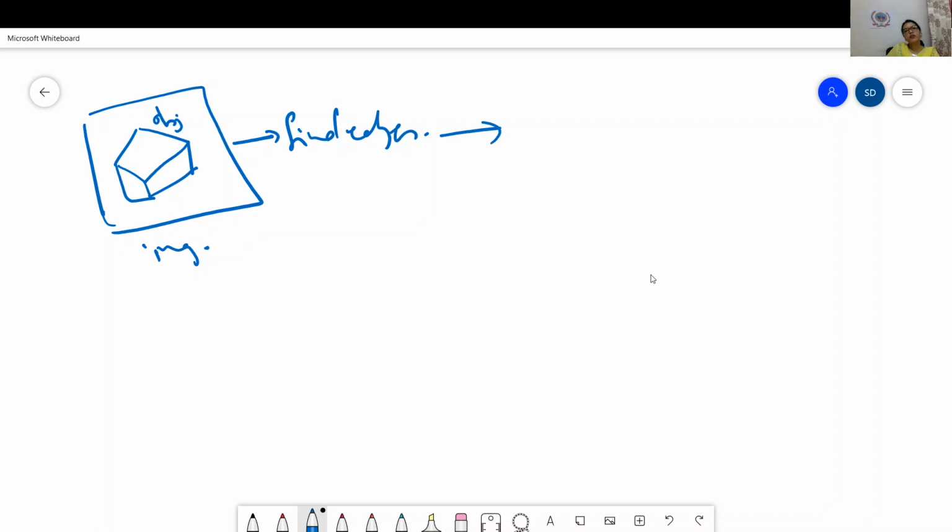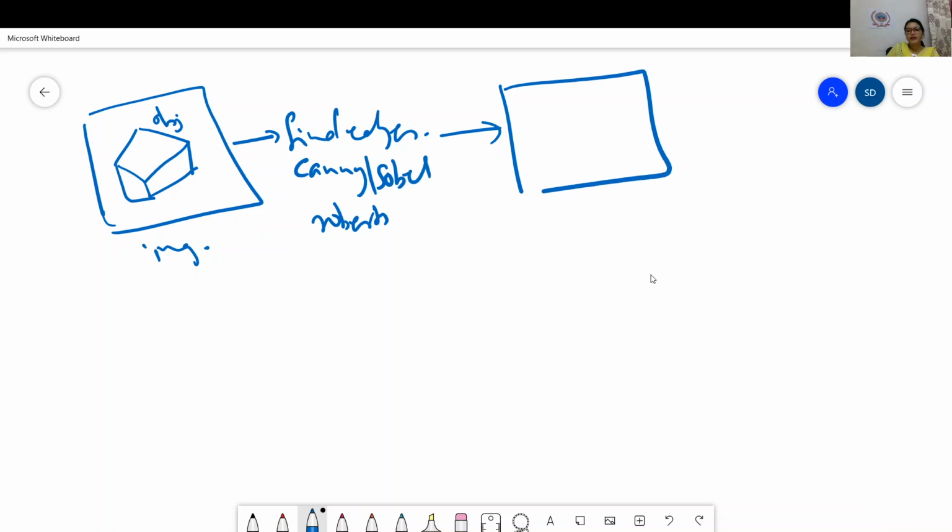Which kind of filters can you use for the edges? Edge detection filters like Canny, Sobel or Roberts cross filter. We have seen all these examples. And the output we will get is nothing but some edges. So let us say you have got such kind of edges.